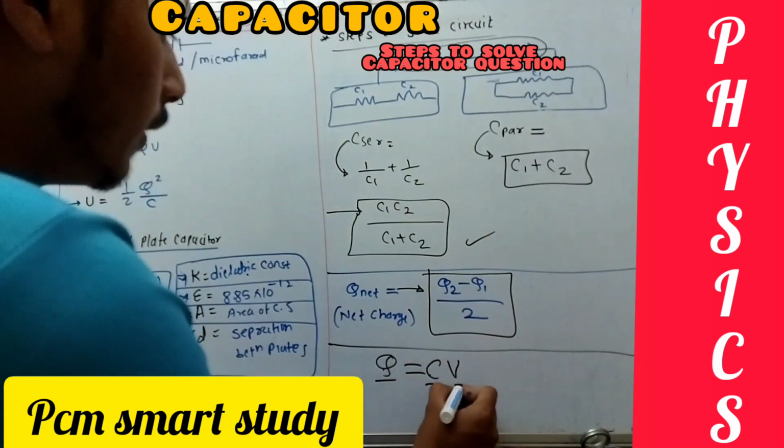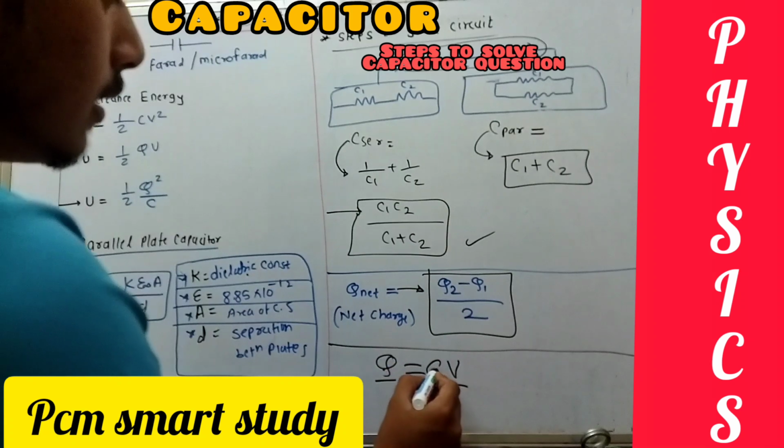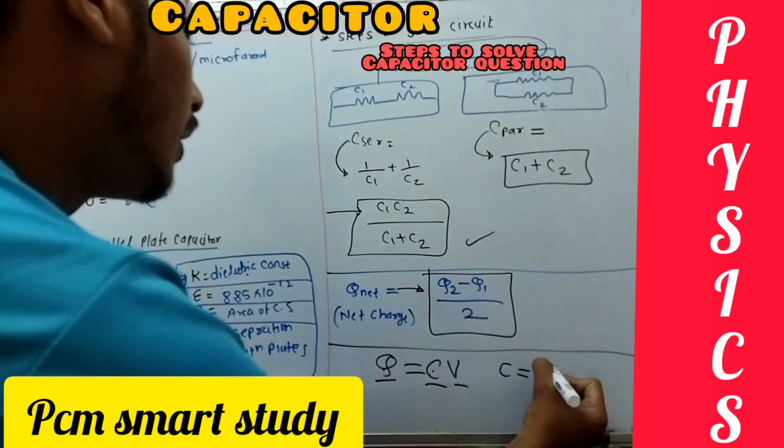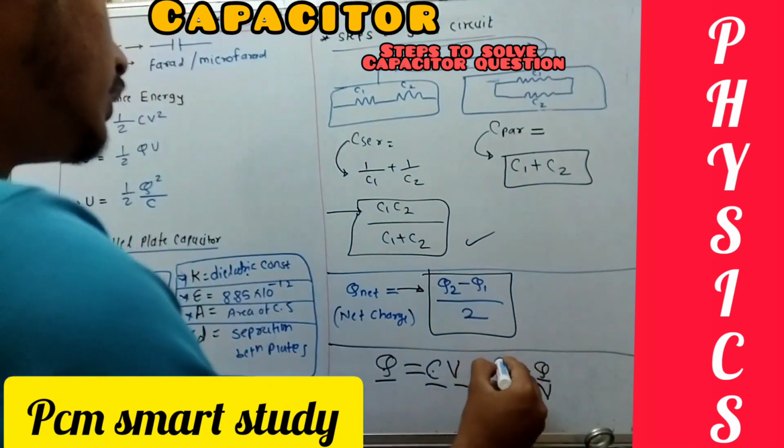Q is equal to CV can also be written as C is equal to Q by V for finding the capacitance, and the first formula is used for finding the charge.